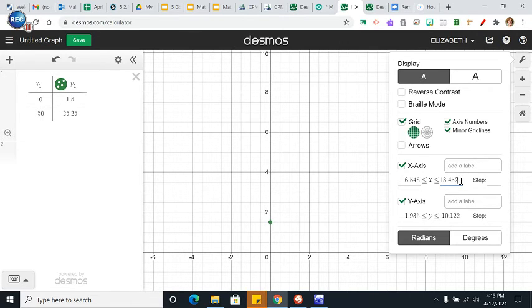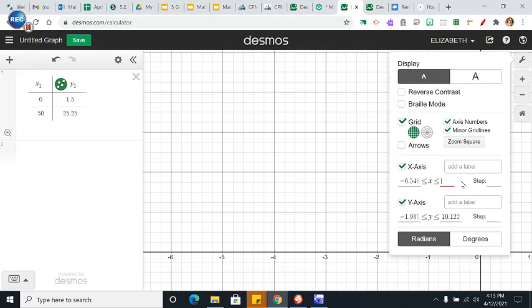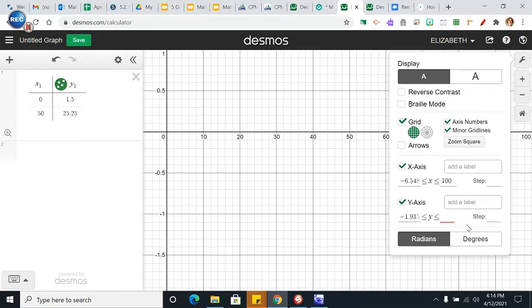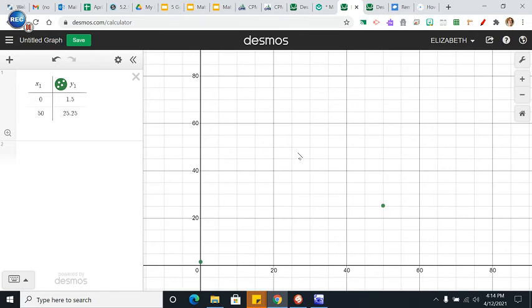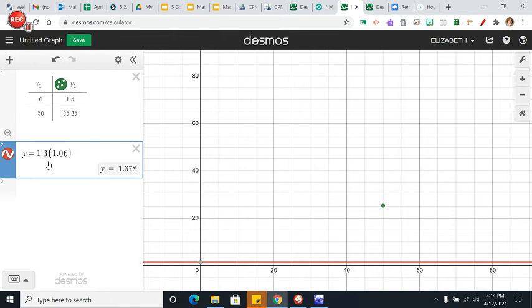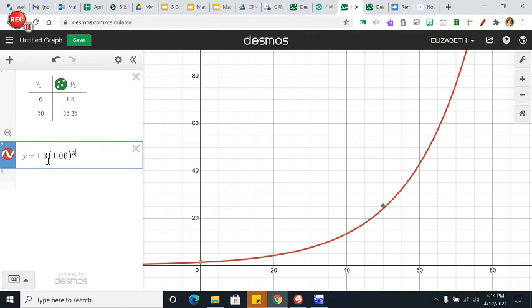We'll start with 100. It might adjust it. Okay, what did we get? Y equals 1.3 times 1.06 raised to the x plus 0.2.